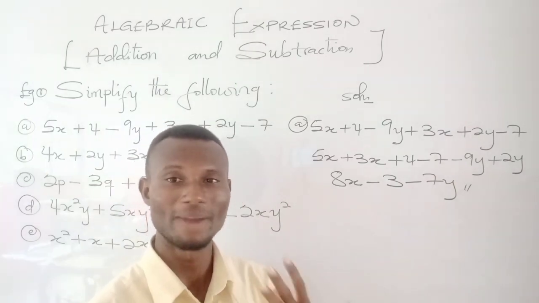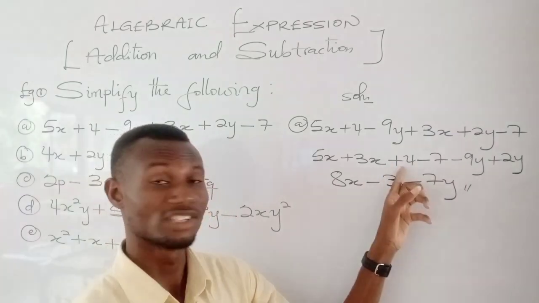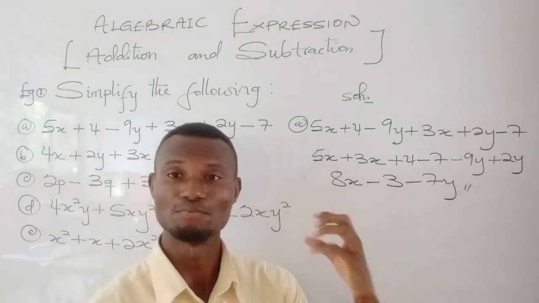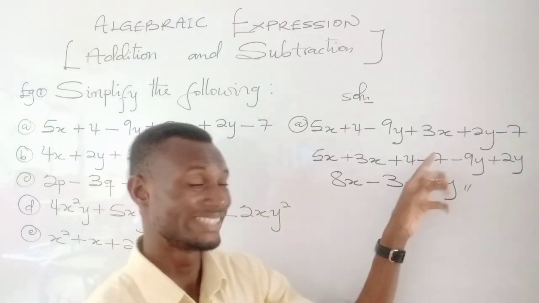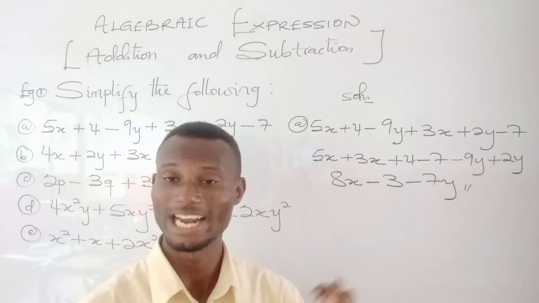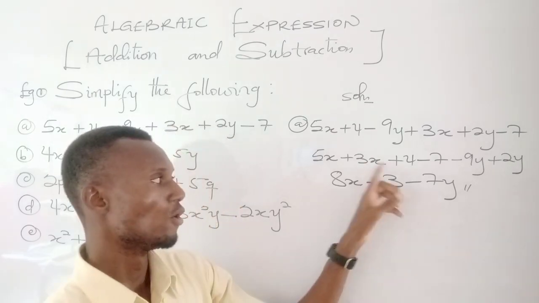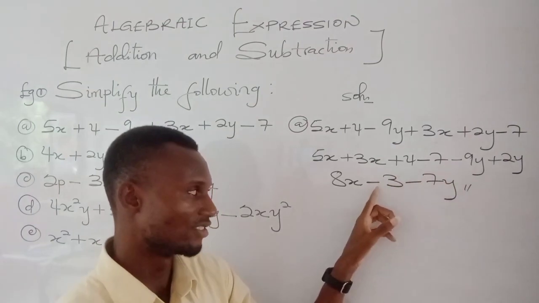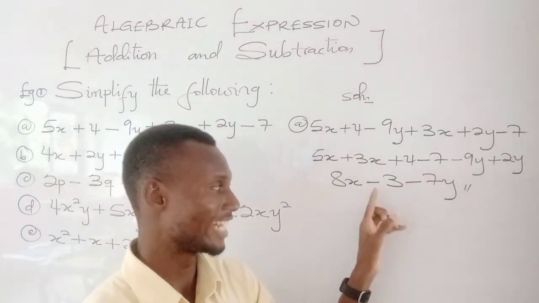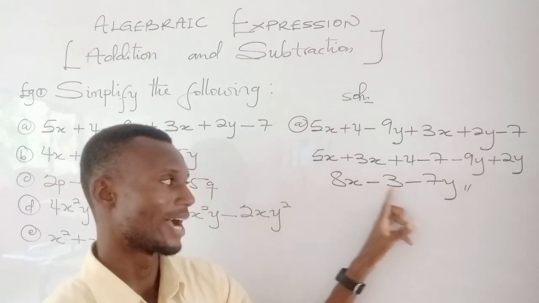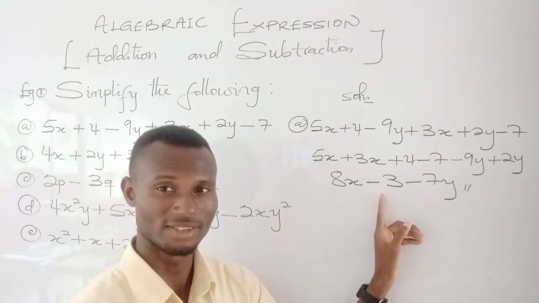So if I'm having money of 4 cedis and I'm owing someone 7 cedis, I pay back and I'll still be owing the person 3 cedis. So 4 minus 7 gives minus 3. What shows that you are owing is that you bring the negative sign.